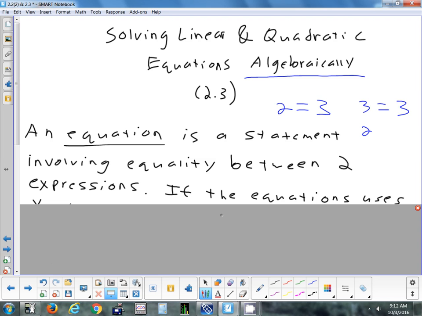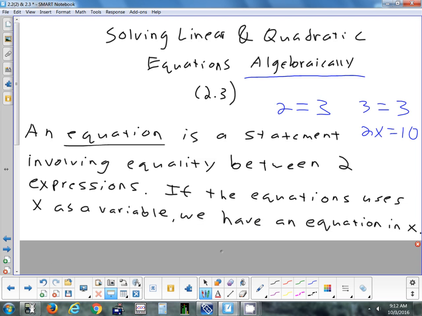And then another kind of equation is this. This is called a conditional equation. It could be true. It depends on if you pick the right value for x. So: conditional equation, identity, contradiction. If you have an equation that has an x in it, then we say we have an equation in x.